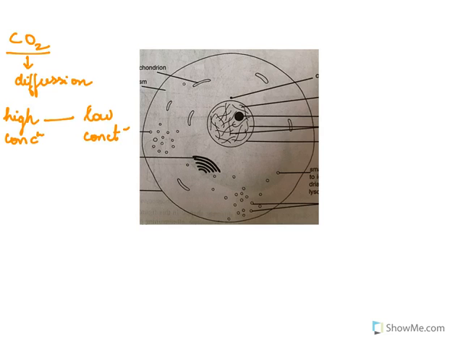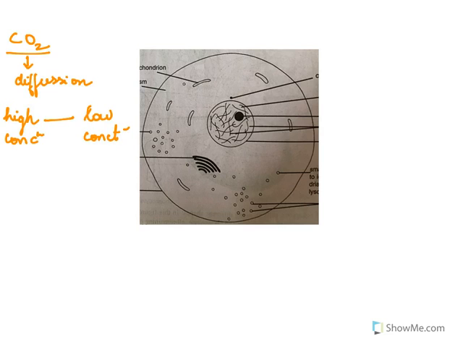Let us see how carbon dioxide moves outside the cell. Again, carbon dioxide moves by diffusion, the movement of a substance from high concentration to low concentration.